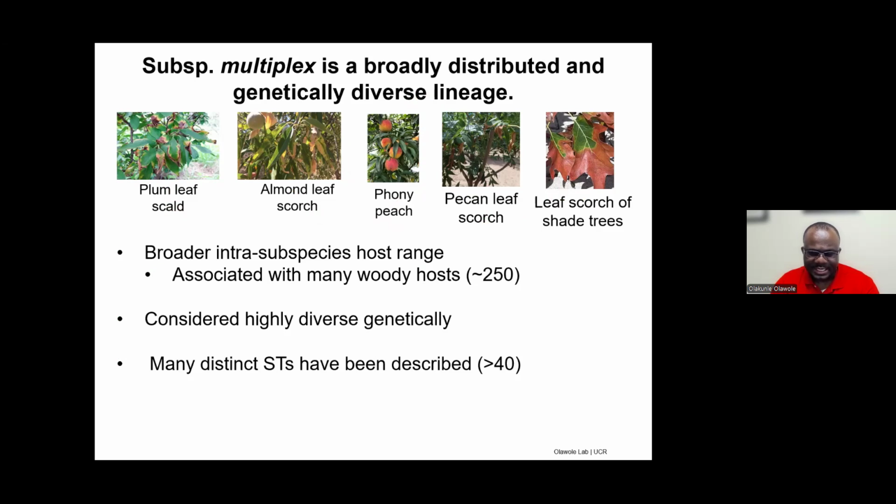This subspecies has an exceptionally broad host range, with reports from approximately 250 woody plant species, and it is also highly diverse genetically, with more than 40 sequence types described to date. This combination suggests extensive evolutionary diversification within the subspecies.